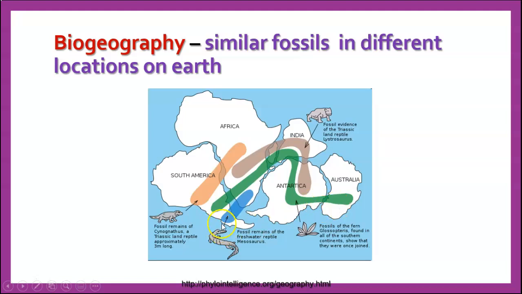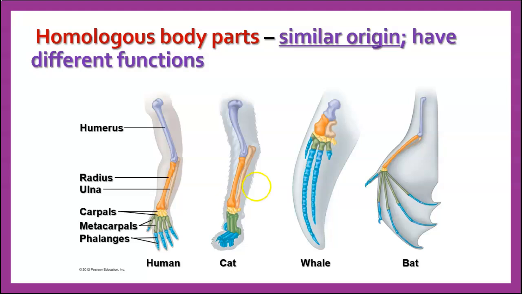And when you find those fossils in those very different places, that gives you some evidence, for one thing, that they existed at the same time in similar habitats in those areas, and for another thing, that the continents have moved. And then we also have homologous body parts. Homologous body parts are parts that are similar in origin. They have different functions.